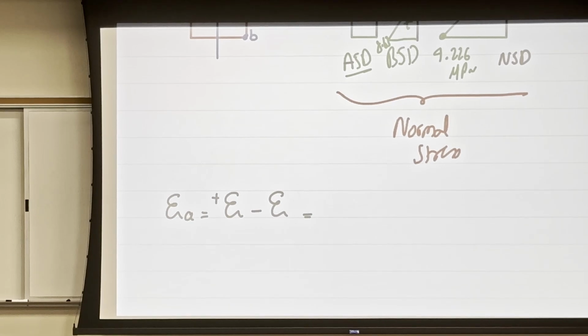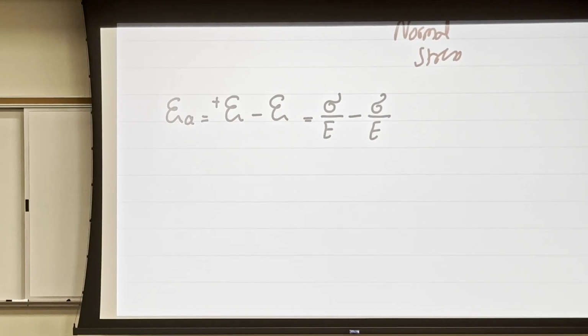A strain due to the axial force, if you remember, the strain is equal to stress over modulus of elasticity, and that's Hooke's law. Minus, I can also say stress over E, also Hooke's law. But now, let me break up the equation.